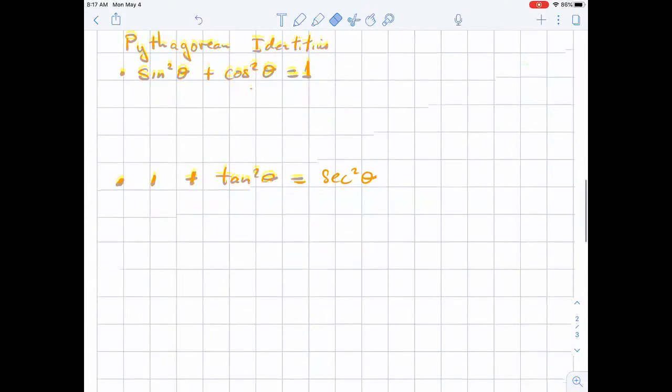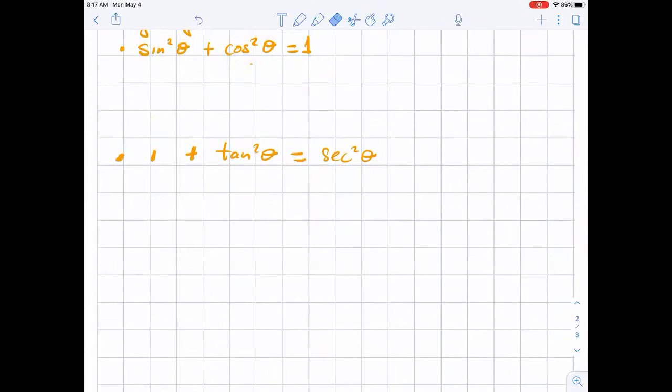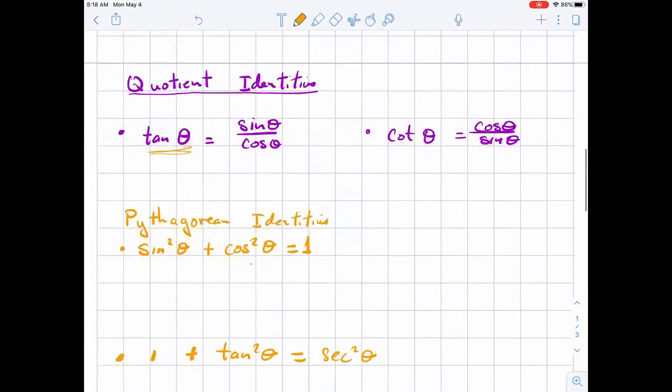And then if you do the same thing and divide every term by cosine, you will have another identity. Professor, one second. Go ahead. Is tan theta sine over cosine, or is it cosine over sine? Tangent is sine over cosine. So when you divide by sine, wouldn't that be cotangent?